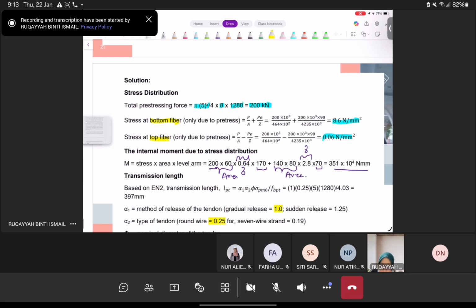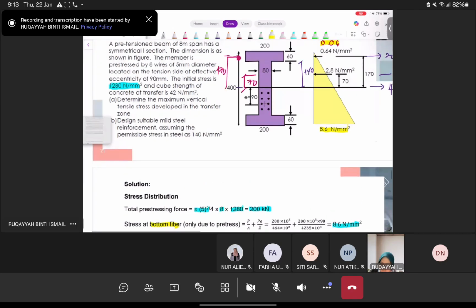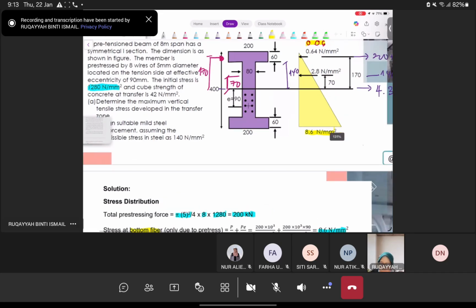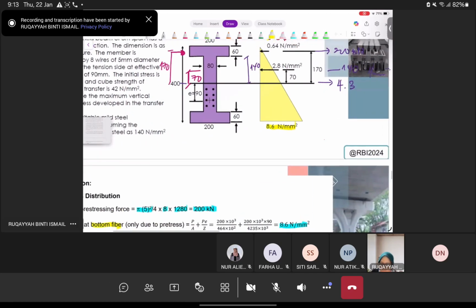The moment area we get from these values of the triangle stresses, and you'll be able to get the height of each of the positions of your stress distribution. So you can interpolate it to get the values for each of the stresses along your stress diagram.